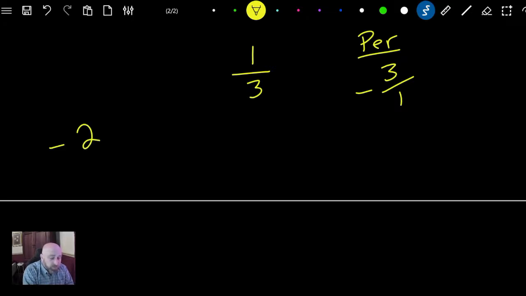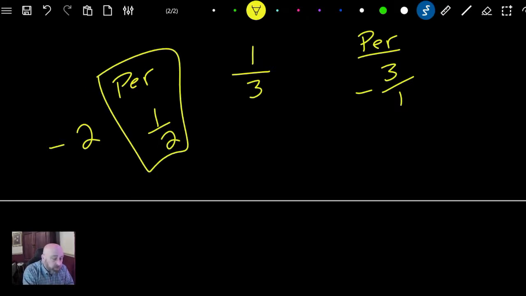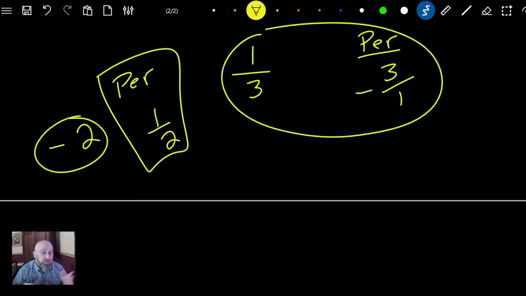The perpendicular of -2 slope would be, you take the negative away, or you add another negative, and negative equals positive. So now that would be +1/2. So the perpendicular slope of -2 is +1/2. The perpendicular slope of 1/3 would be -3/1.